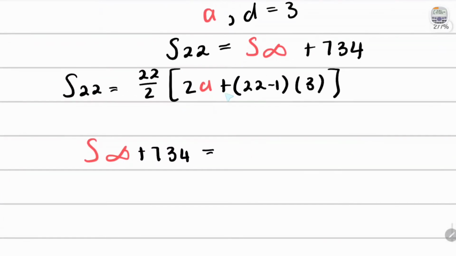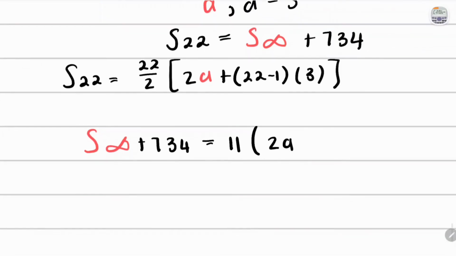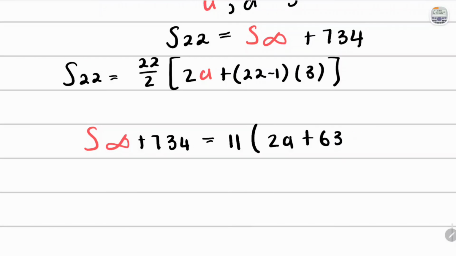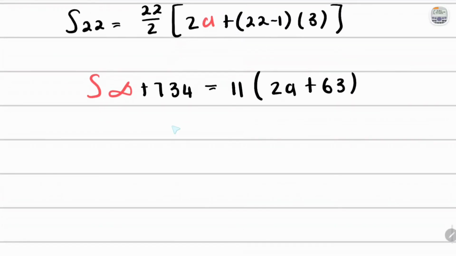And then we'll just simplify this. So 22 divided by 2 is 11. And then here, that's just 2a. And we can now simplify. That will be 21 times 3, which gives us 63. So that's plus 63. And then let's distribute that 11.